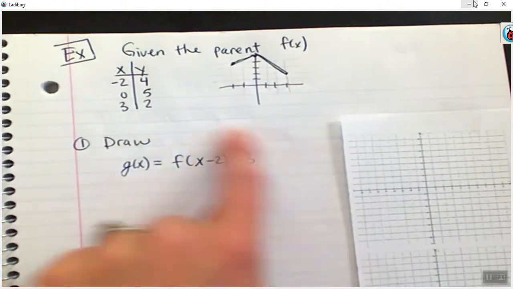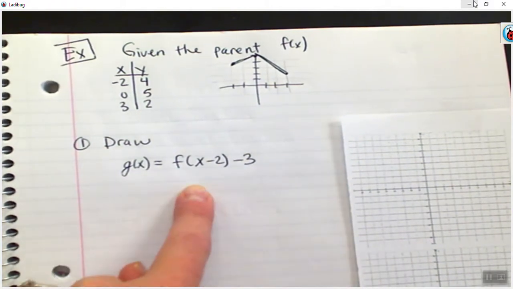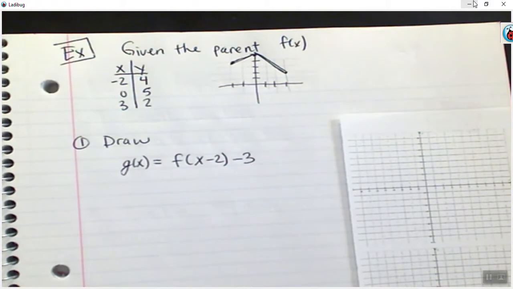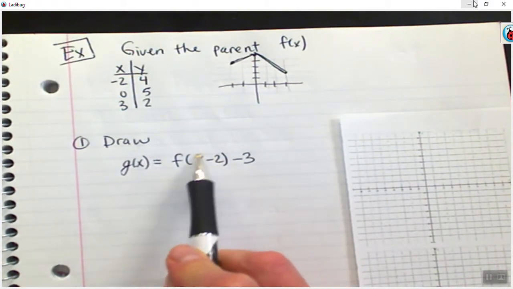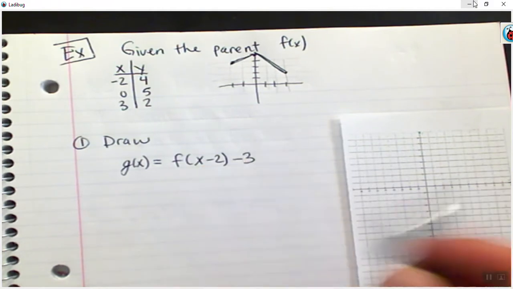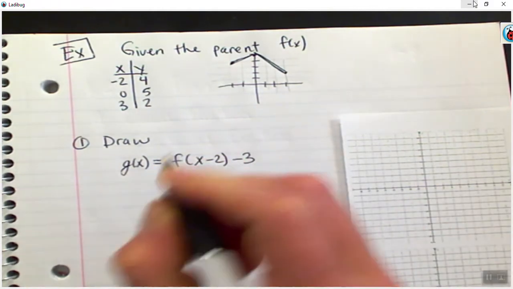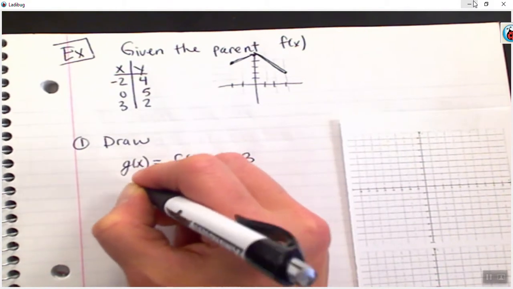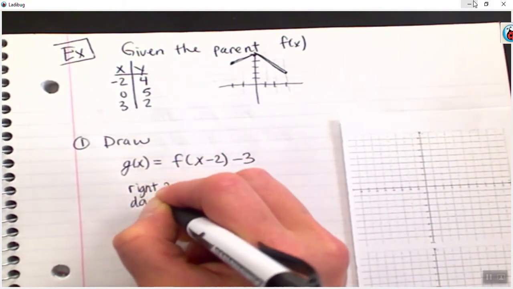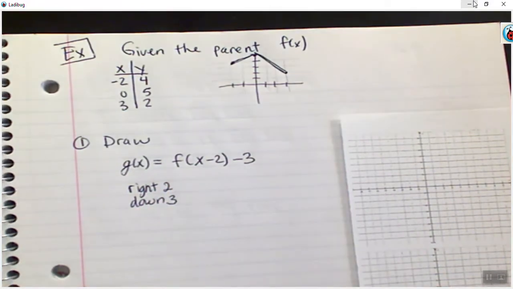But g of x is going to come from the parent f of x. Let's use our words. Right 2, because it's opposite, down 3. I'm going to write them in order. Right 2, down 3. As I'm learning, I'm going to make a little note to myself about which coordinate is changing.